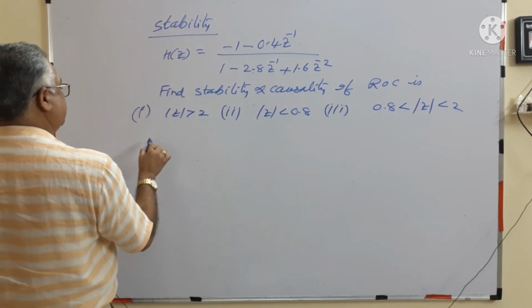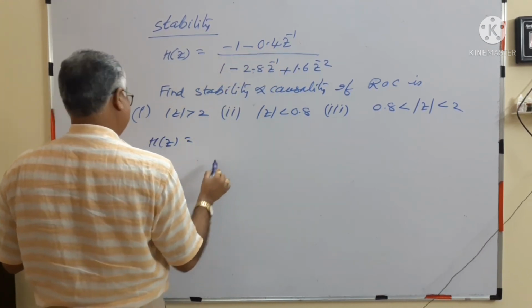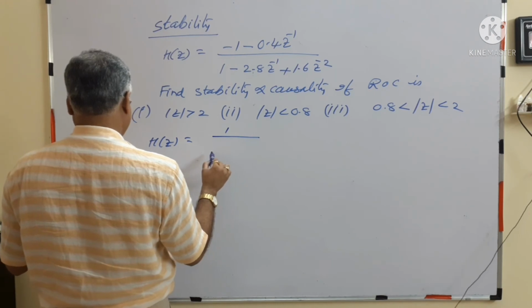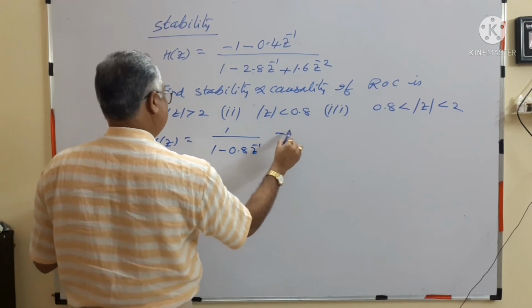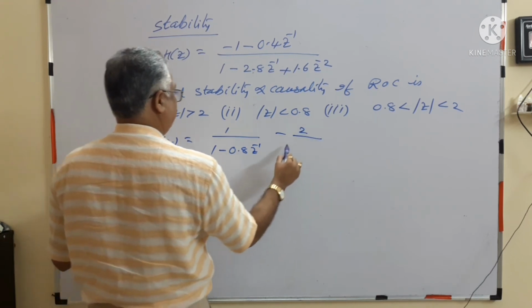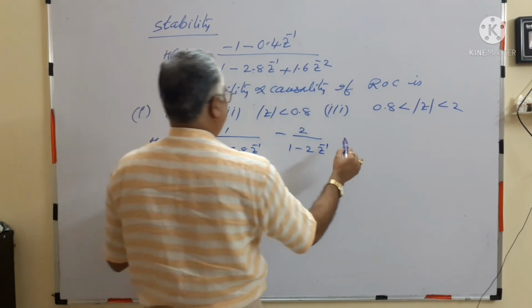So first case, h of Z. You simplify this further, you get 1 by (1 minus 0.8 Z inverse) minus 2 by (1 minus 2 Z inverse). Here what is given?